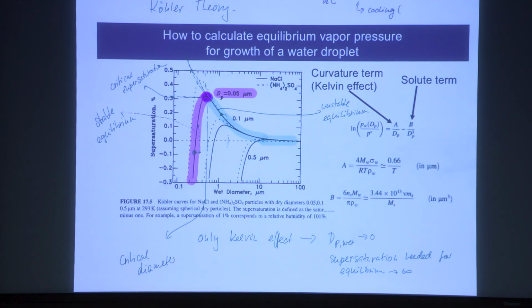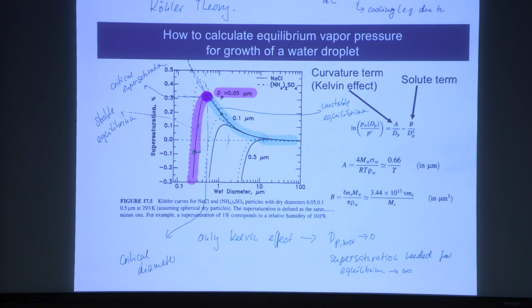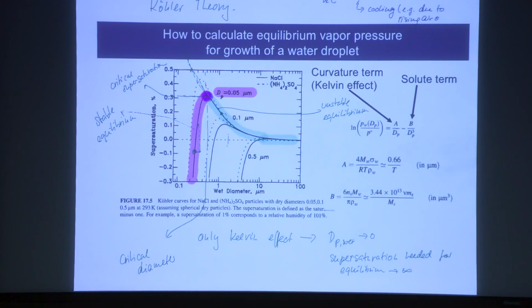And that can come from rising air or radiative cooling.